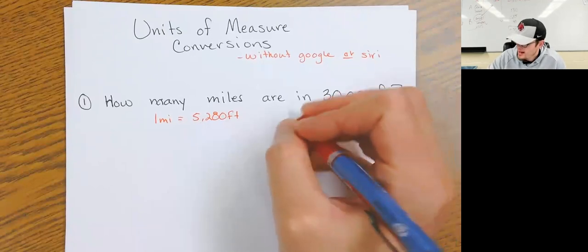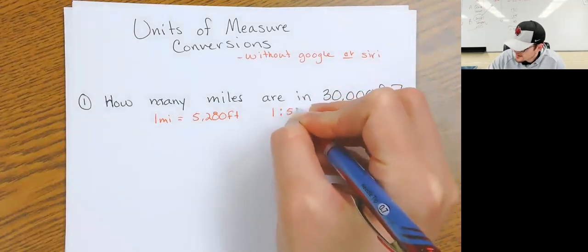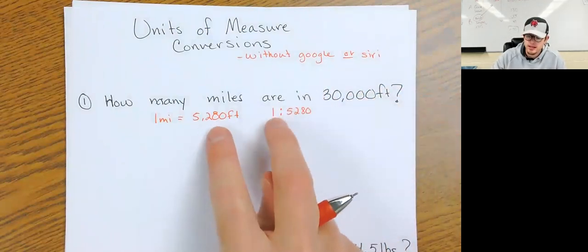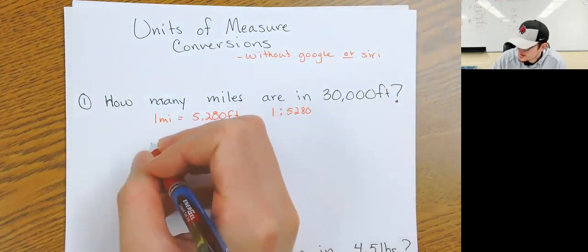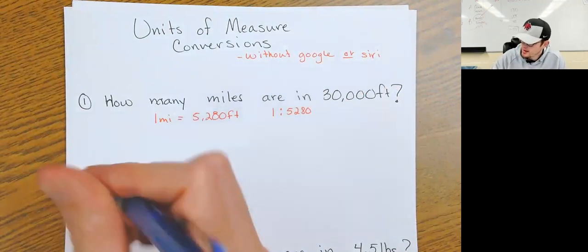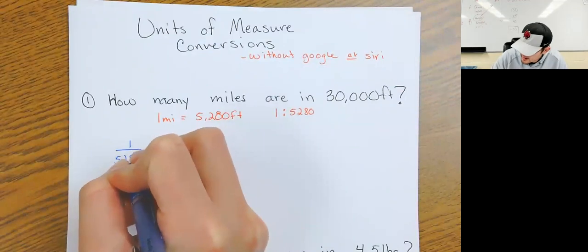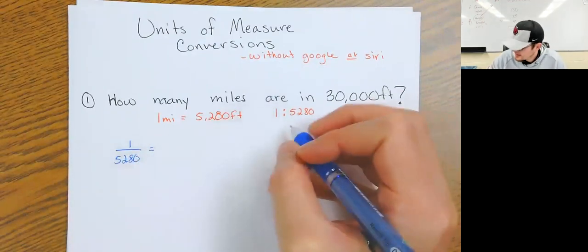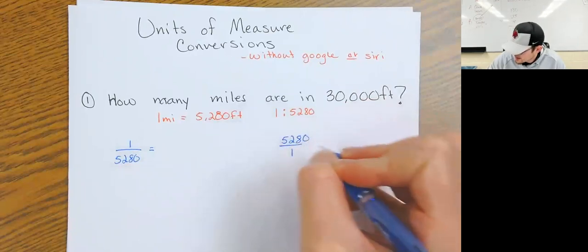You can also think of it as a 1 to 5,280 ratio. And then we can make these two things into a fraction. It doesn't matter which one you put on top or bottom. So let me set it up different. We could do 1 over 5,280 equals, or we could do, I'll show both because it doesn't matter, equals.